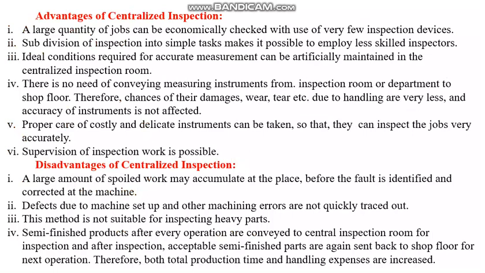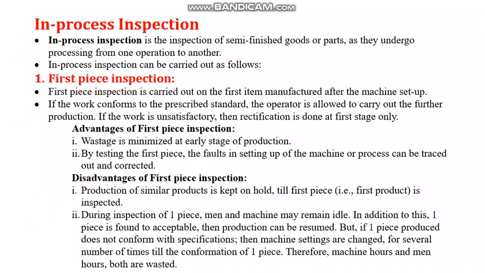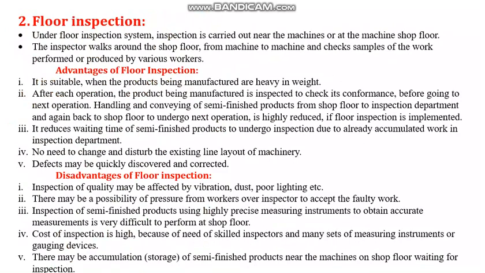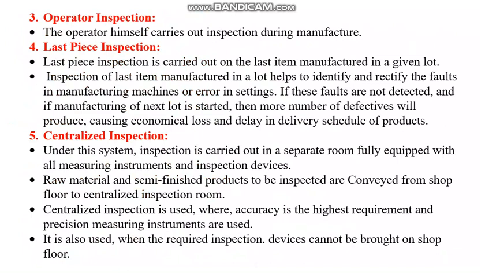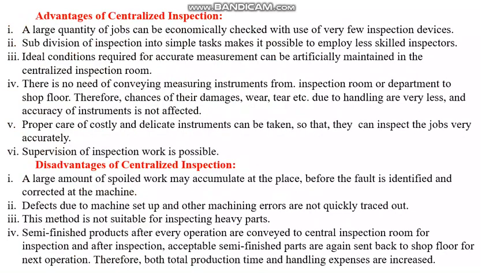Okay, next let us see the advantages and disadvantages of centralized inspection. Those things are very important. For the first piece inspection we have seen advantages and disadvantages, for the floor inspection we have seen, and now for the centralized inspection.